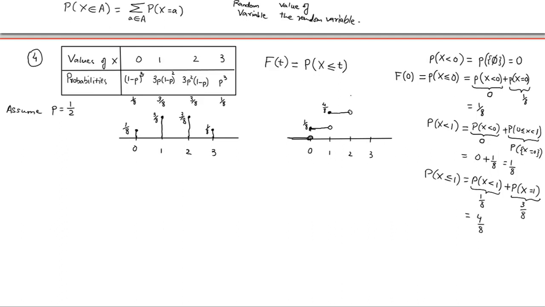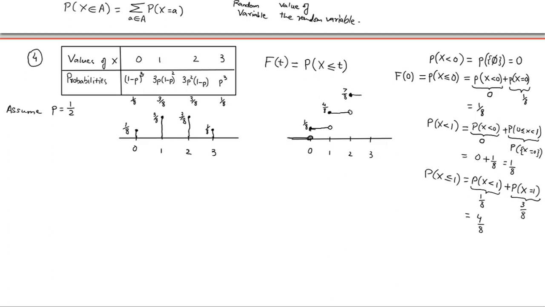Anyone? So 7 over 8. 3 over 8. 4 over 8 plus 3 over 8, which is 7 over 8.